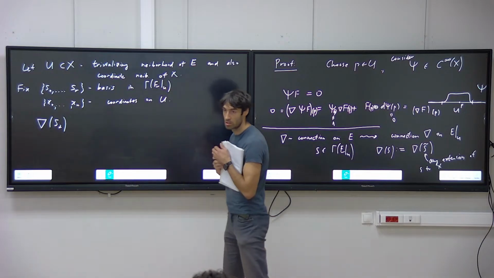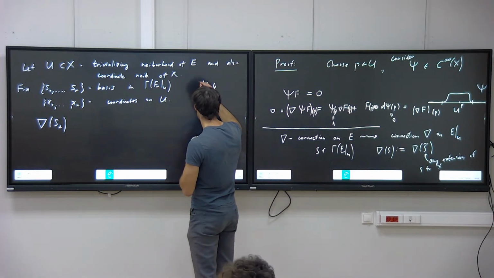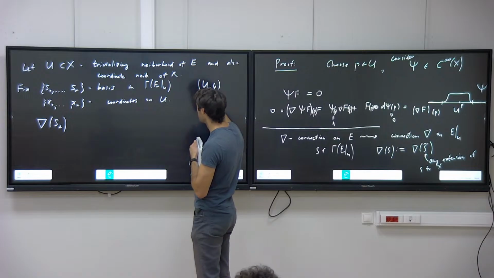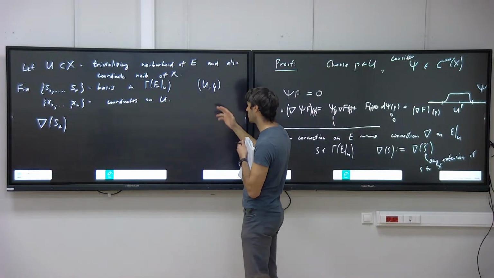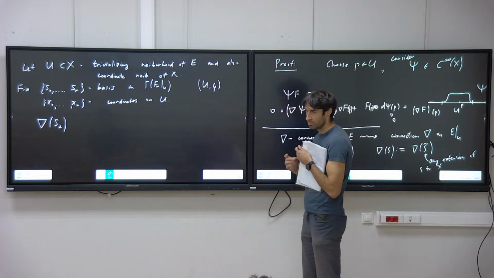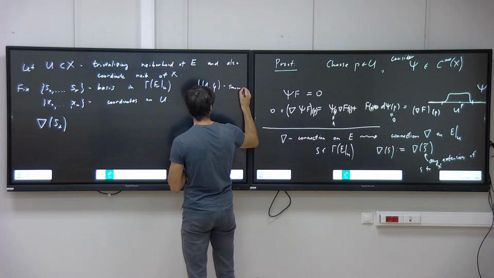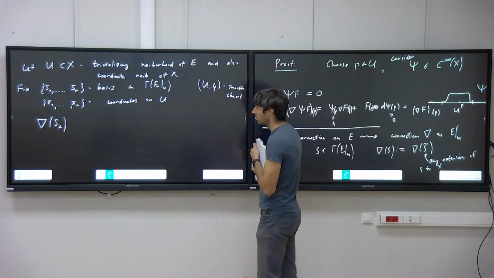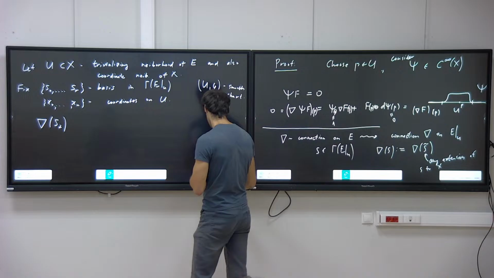What does it mean, coordinate neighborhood of x? It means I have a chart. So this is a smooth chart. And also it's a trivializing neighborhood for E, and these are components of phi. Okay, and then I apply nabla and I get something inside where?